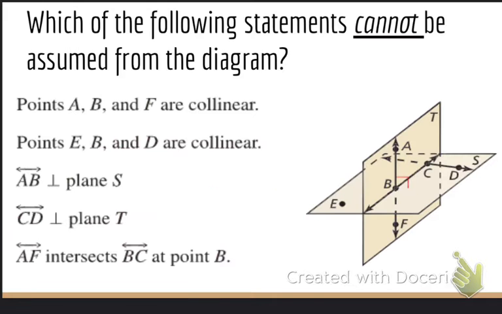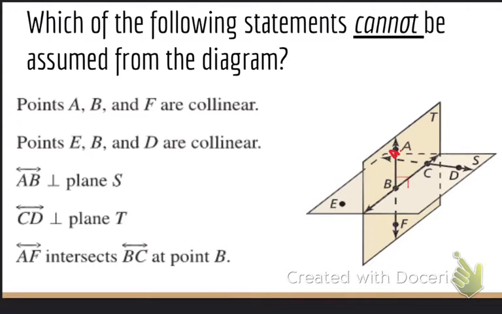All right, good. Which of the following statements can or cannot be assumed from the diagram? So we're going to go through, if it can be assumed, we'll write yes. If it cannot be assumed, we'll write no. So can it be assumed from the diagram that points A, B, and F are collinear? Yes, they're all on the same line.